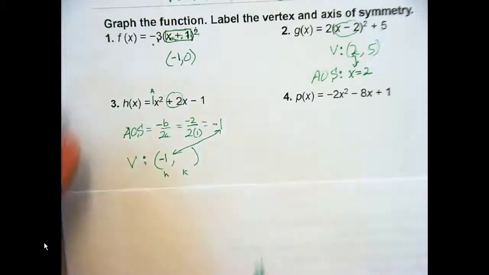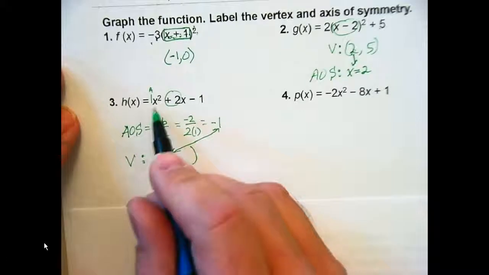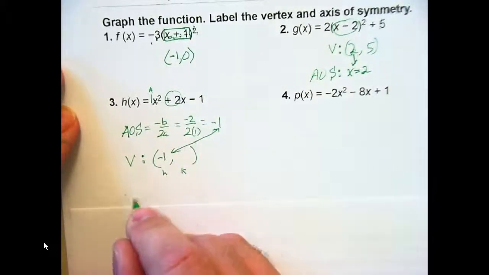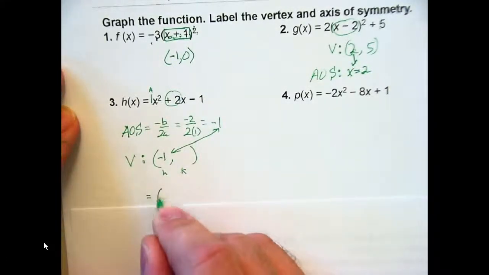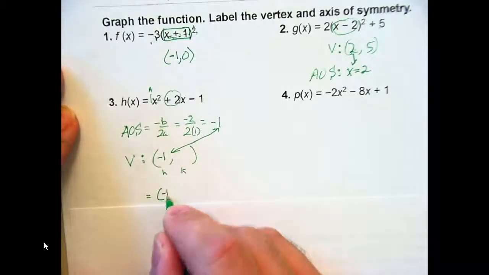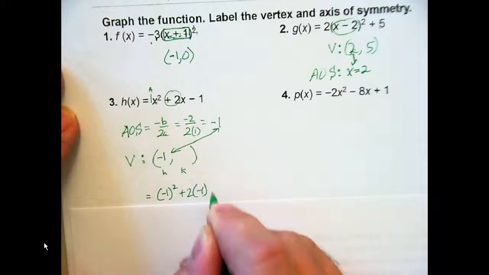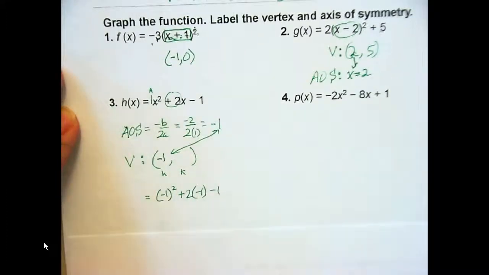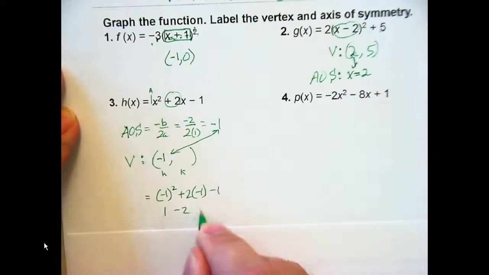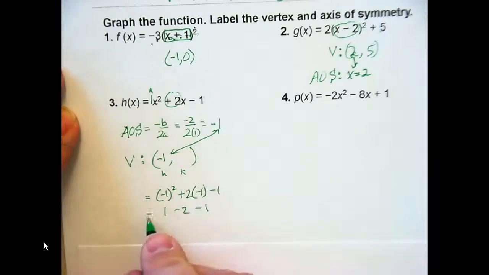Okay, we plug it in. We're going to plug in h for x into this equation. So if I take that equation up there, I put negative 1 in for x. I end up with 1 minus 2 minus 1, or negative 2.